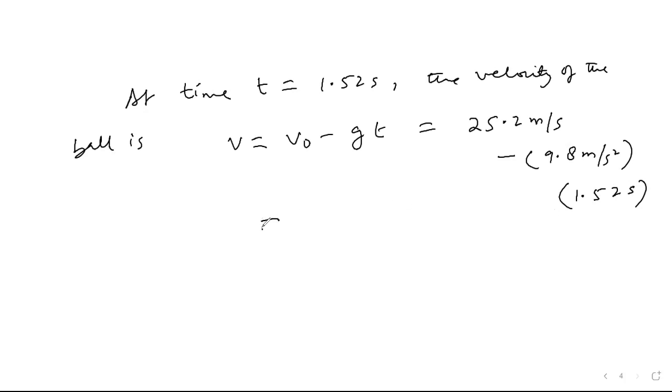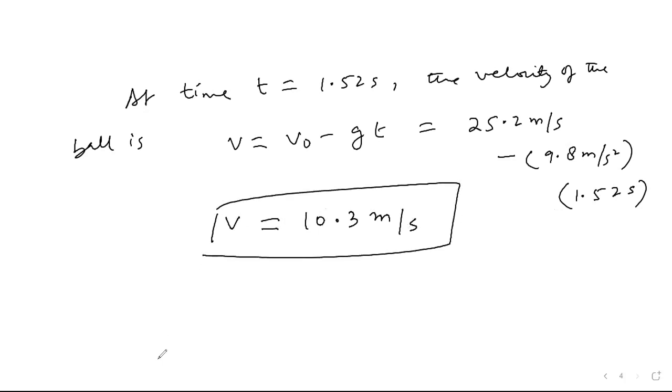When we solve it, it turns out to be 10.3 meter per second. So at t equal to 1.52 second, the velocity of the ball is 10.3 meter per second.